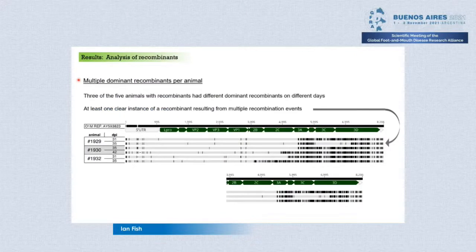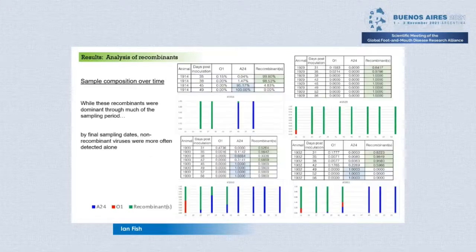In addition to finding the same recombinant in serial samples within individual animals, we found that 3 of the 5 animals with recombinants had different dominant recombinants on different days, in at least one clear instance of a recombinant resulting from multiple recombination events, which is pretty cool.